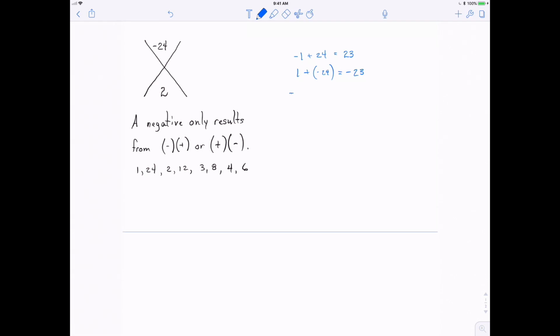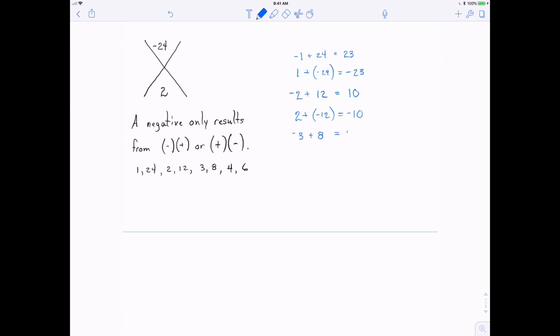Let's try one more. So for example, if I tried -2 plus 12, my result here is going to be +10. If I switch the negative, I'll get a -10. And we could do that with the 3 and the 8. We could try -3 plus 8.